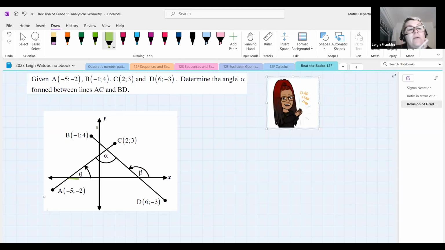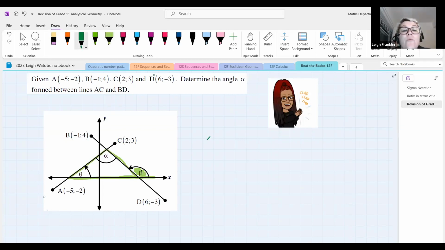So your triangle is here, there, there, there. And when one of the sides of your triangle is extended, that's when an exterior angle is created. So beta is the exterior angle of the triangle.